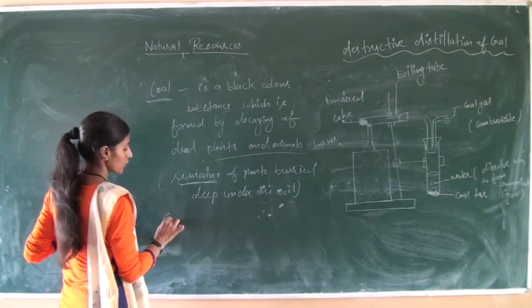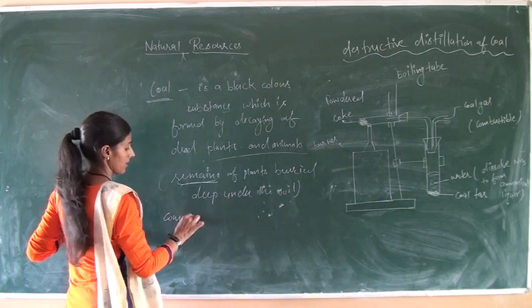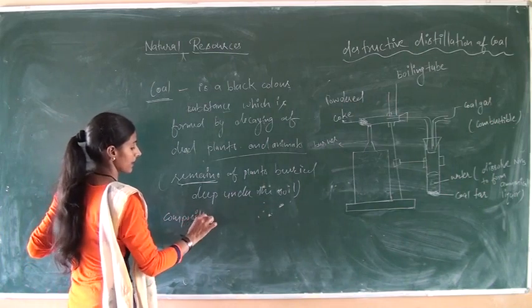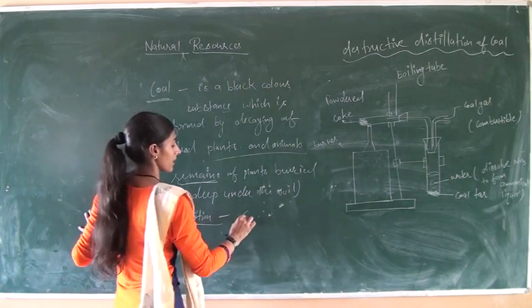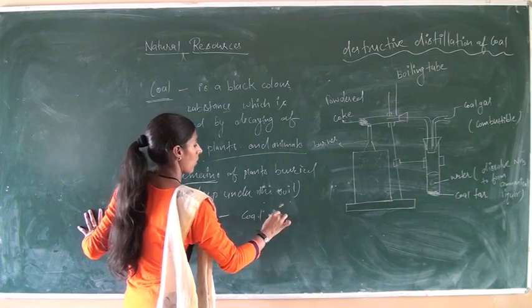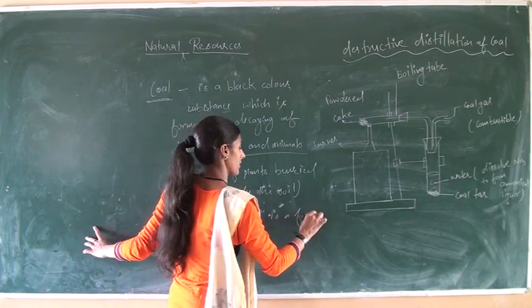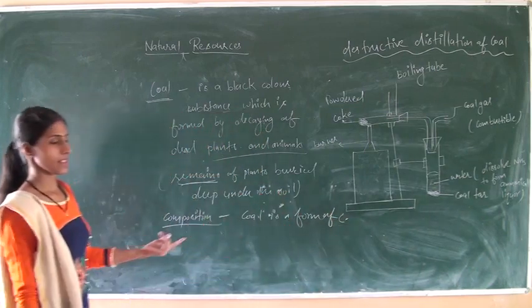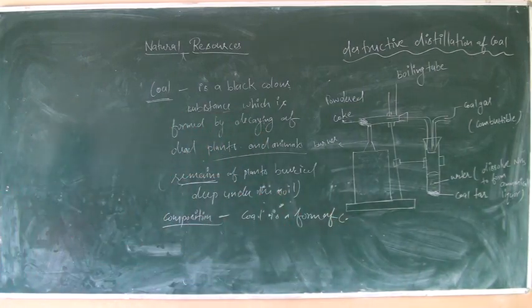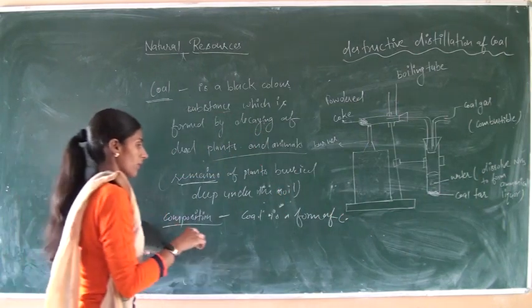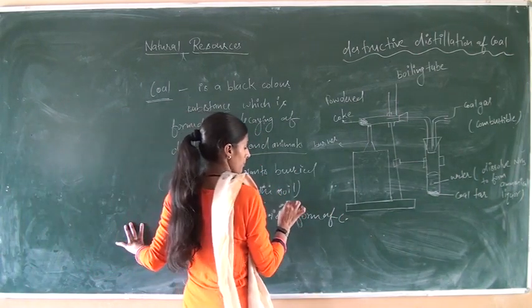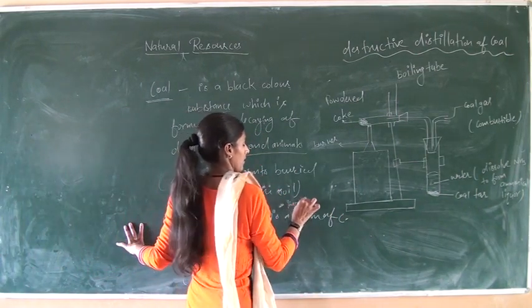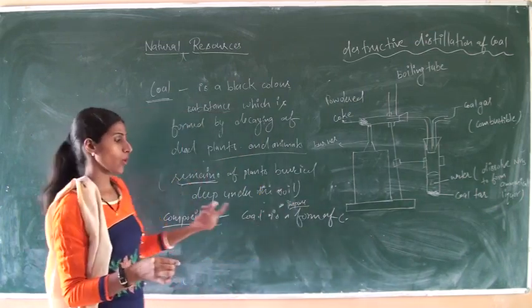Now, composition of coal. Mainly, coal is a form of carbon. It is an impure form of carbon, which is not a pure form.